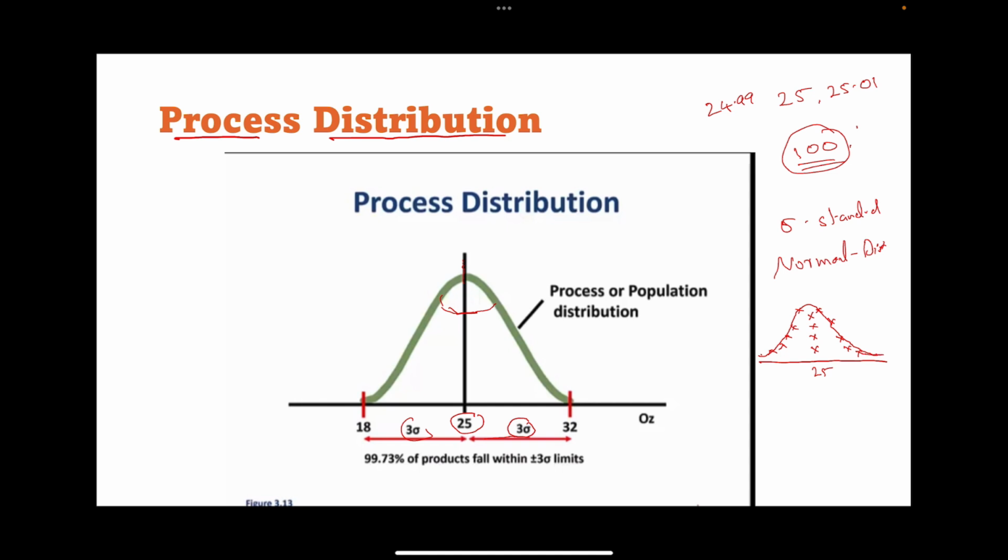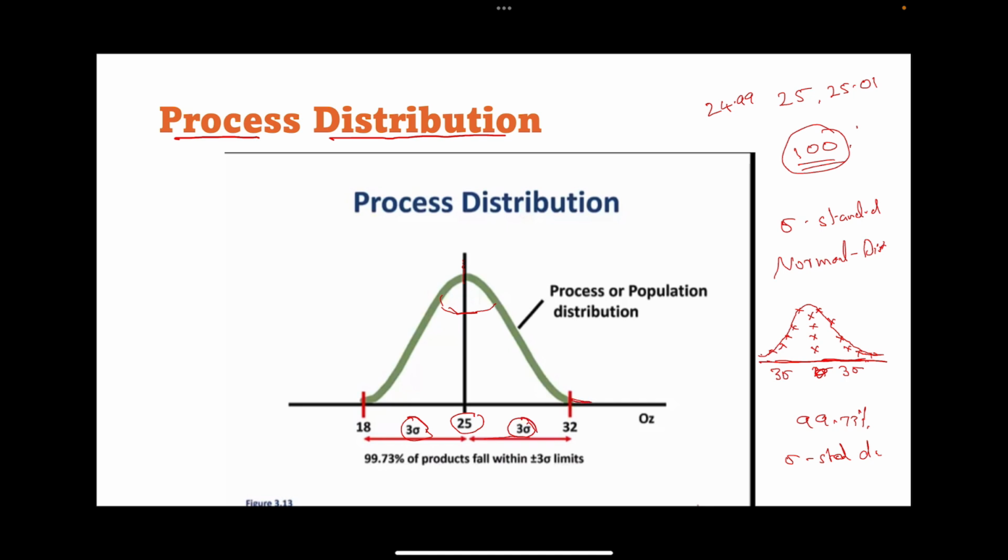This is called normal distribution. 99.73% of products will be manufactured between these limits, that is here minus 3 sigma and plus 3 sigma, and sigma is the standard deviation. That is why we are showing these 3 sigma. It will be between this.